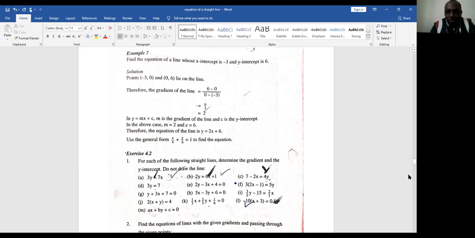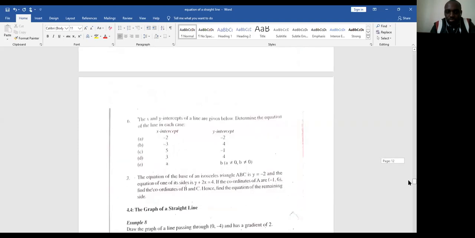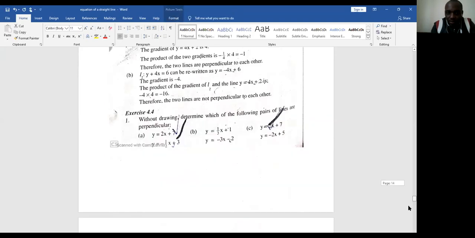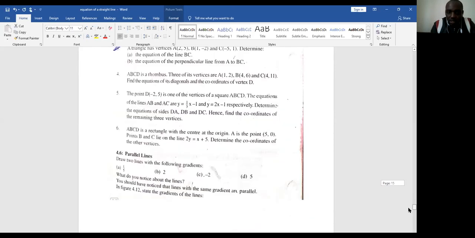So let us come now to the parallel and the perpendicular lines. So parallel lines.